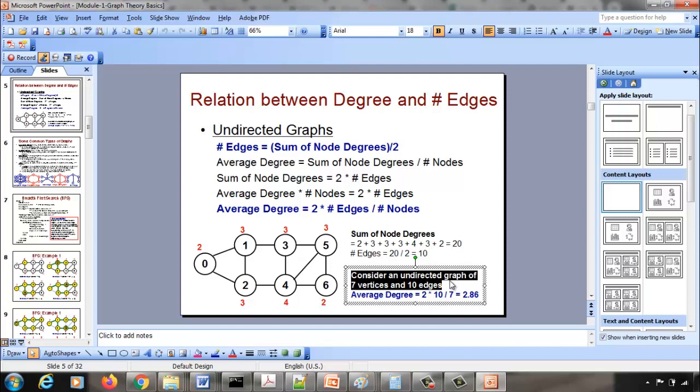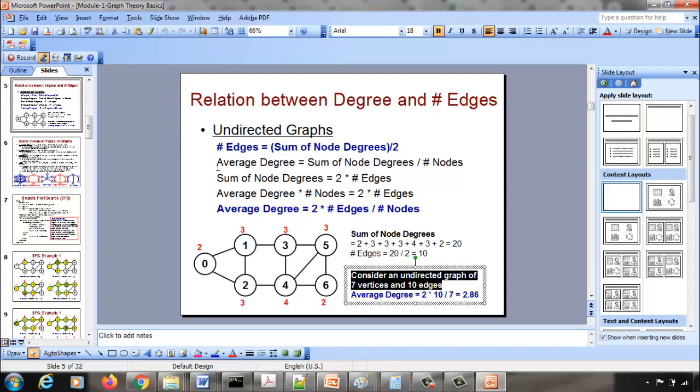Just based on this information, and you don't need a graph really, you can get the average degree of the vertices in such a graph. And that's what we're going to do now: how to compute the average degree of the vertices by just knowing the number of vertices and number of edges in that graph. You don't need to be given the actual graph.